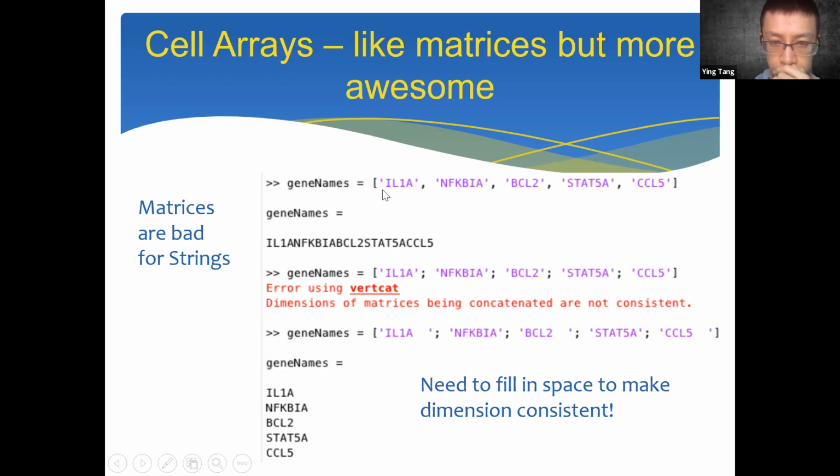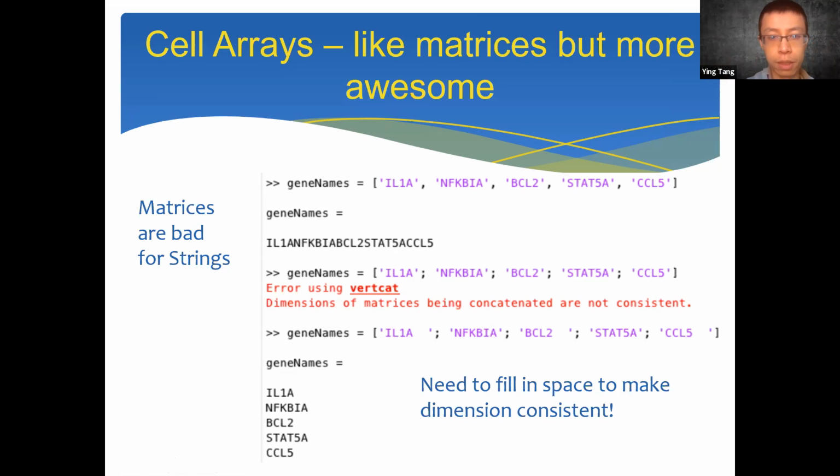And then you see here that you can put the gene names. However, if you do this, you can see that you get this string, just strings combined. It's not separated. And you can also try, how about we switch the rows and put a column vector.